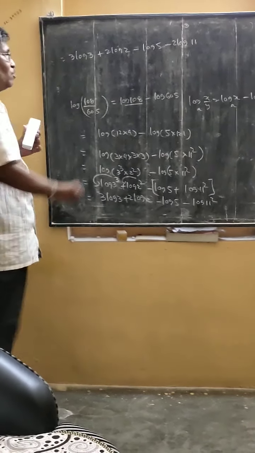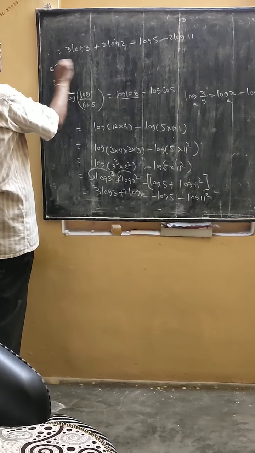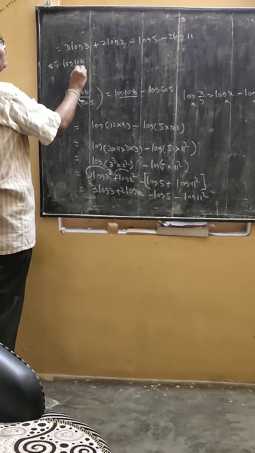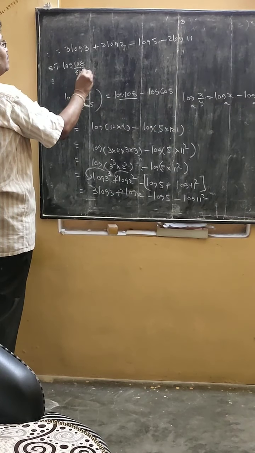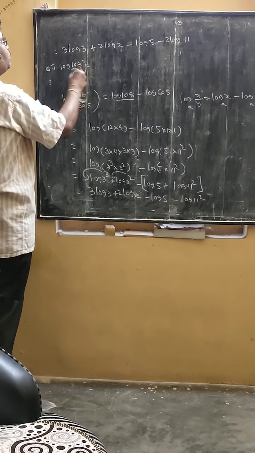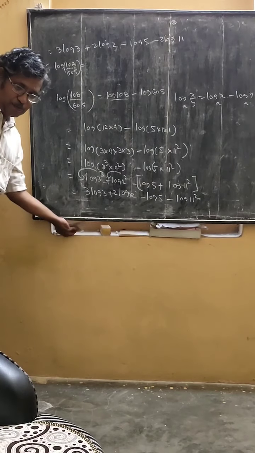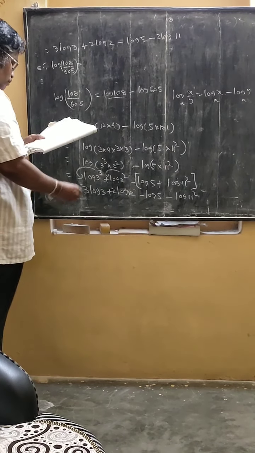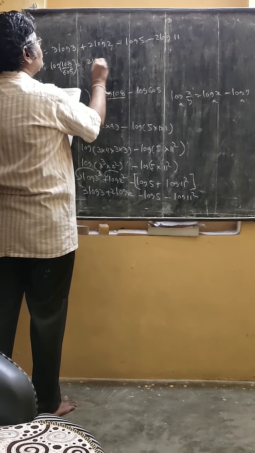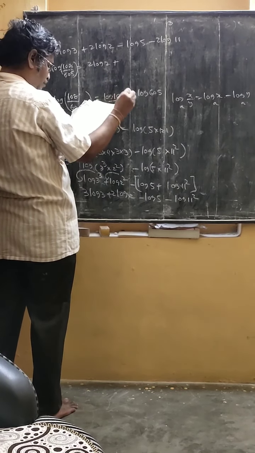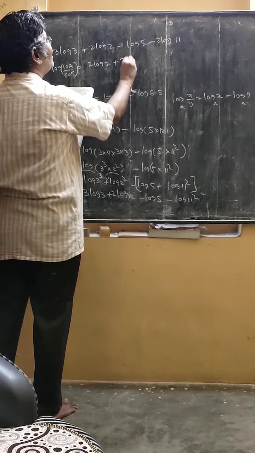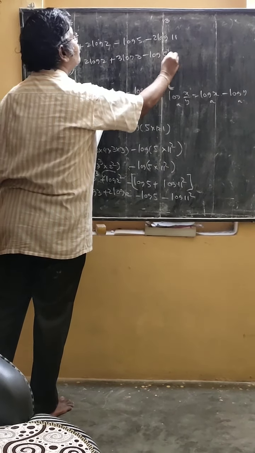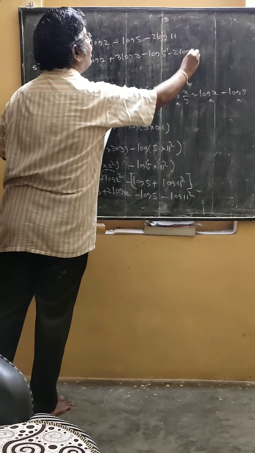What is the problem given? Show that log 108 by 605 is equal to 2 log 2 plus 3 log 3 minus log 5 minus 2 log 11.